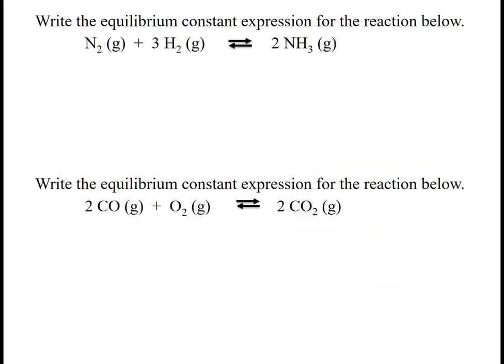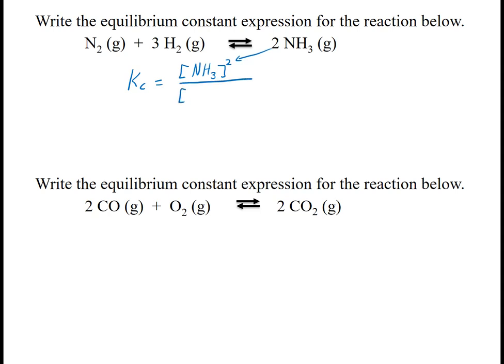So here we're going to start just practicing by writing down what these equilibrium constant expressions are. You have to write the full equation. The left-hand side is Kc equals. I look at my products over here, so I put a bracket to mean concentration, NH3, and then I raise it to the 2 because of this coefficient right here. That's my only product, so then I hit divide, and I go over to my reactants.